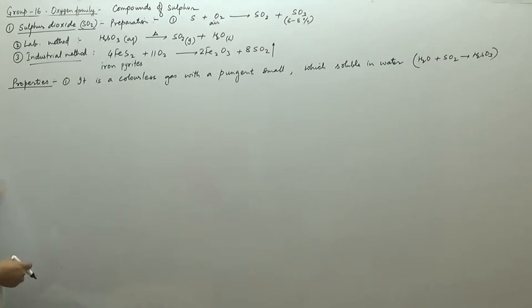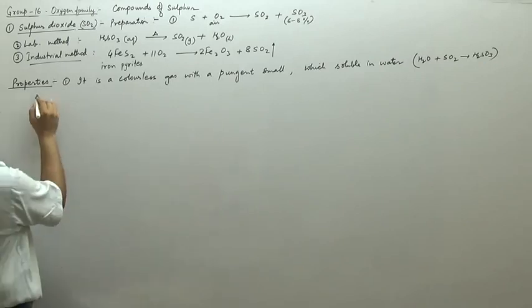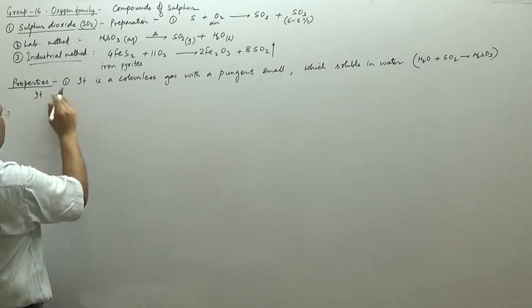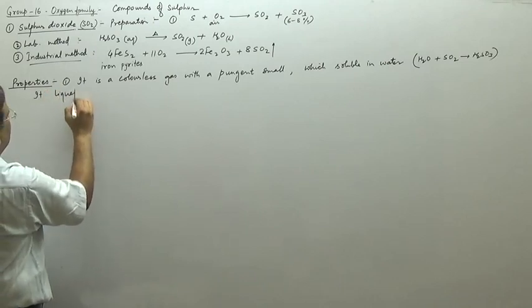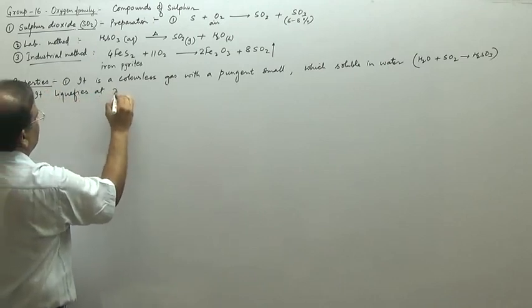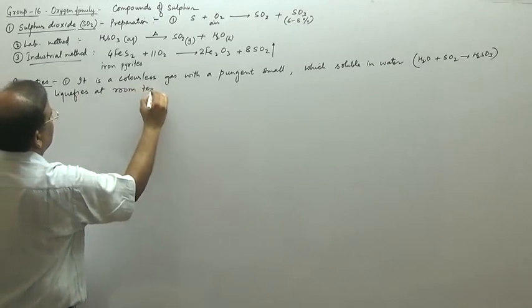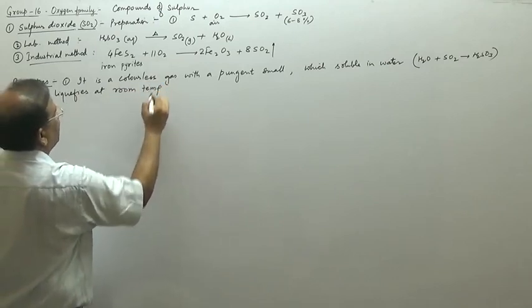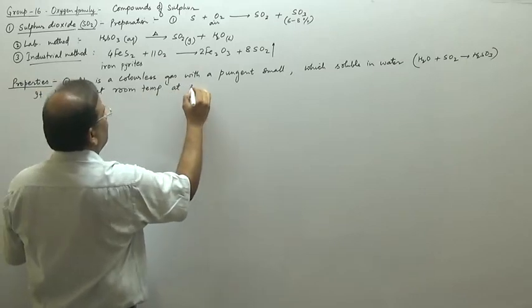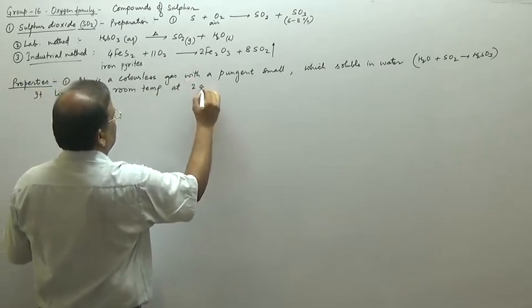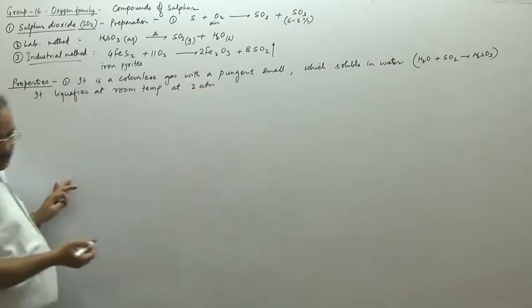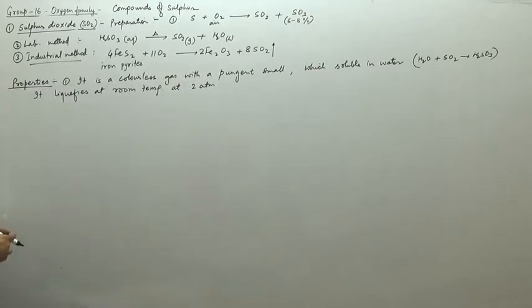It liquefies at room temperature. It can be easily liquefied at room temperature at 2 atmospheres, but the pressure should be higher than the atmospheric pressure, and the temperature should be 298 Kelvin.